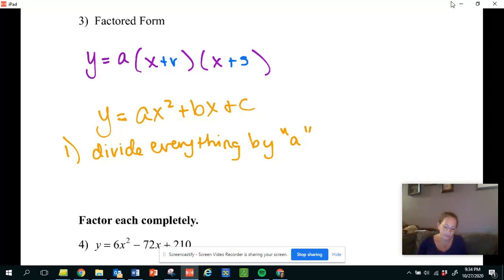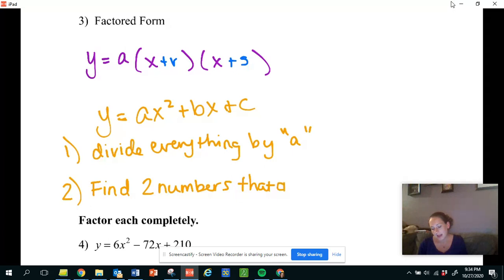Once you do that, you have to find two numbers that add to the middle term.